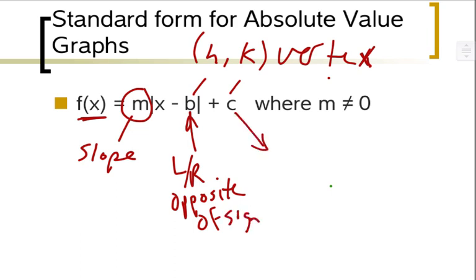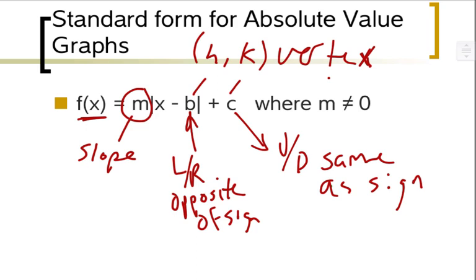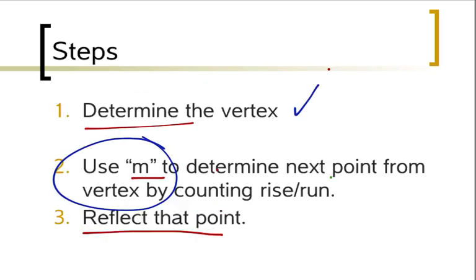And then the c causes us to go up or down, same as the sign. These move exactly the same as parabolas. The only difference is instead of making a U, we're making a V.